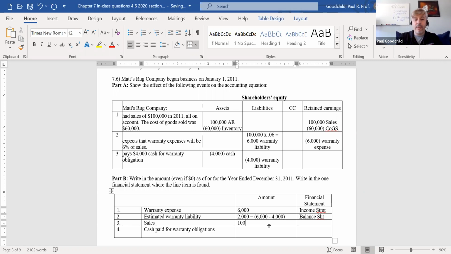Sales of 100,000, income statement. And cash paid for warranty obligations, 4,000. And that would be on the cash flow statement in the operating section.